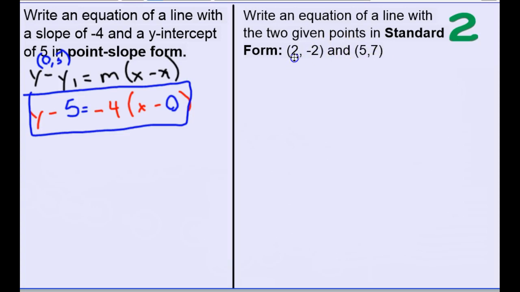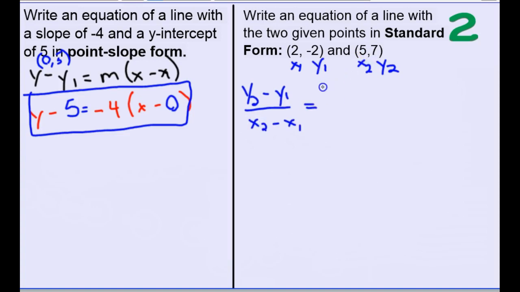So if this is going to be an x, and this will be an x, and this will be y, and this is y, then we know that this is the first x, so x1, and x2, and y1, and y2. So what we're going to do is use this equation, y2 minus y1 over x2 minus x1.